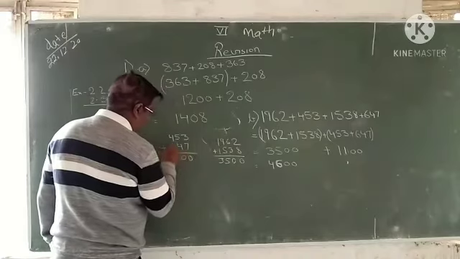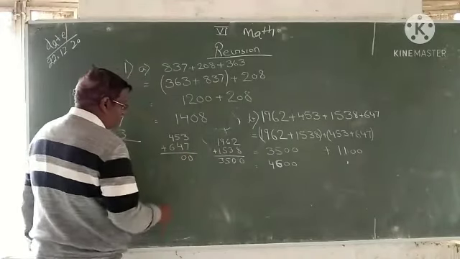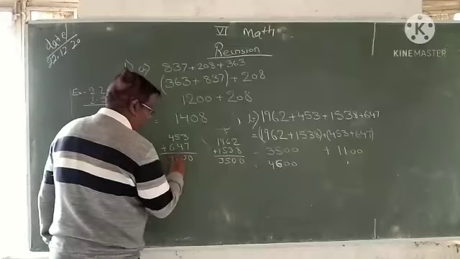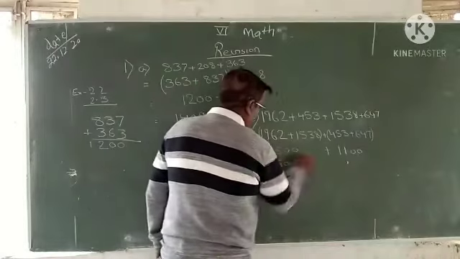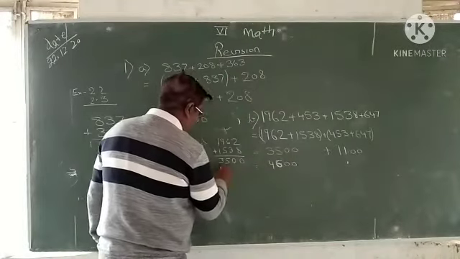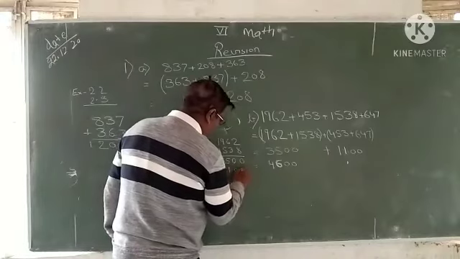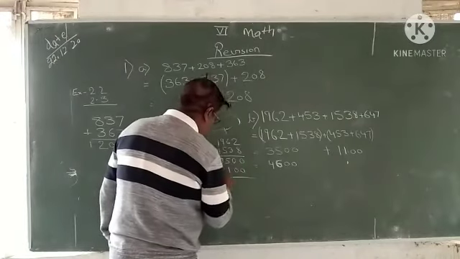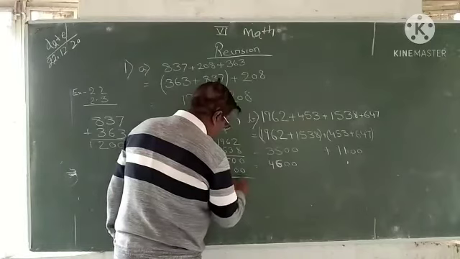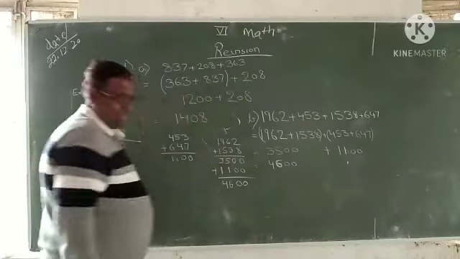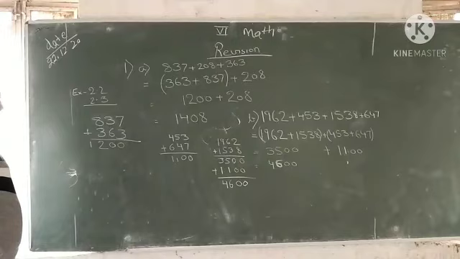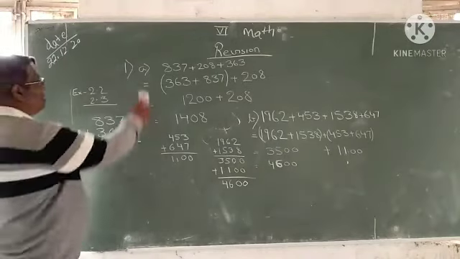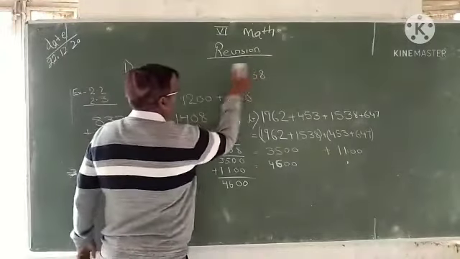So 100, carry 1, 4 and 6 becomes 10 and 1, 1100. So we have 1100 over here. When we add this to the amount, it comes as 4600. This is how we need to rearrange the numbers so that it becomes easier for us to calculate the sum. So moving to the next question.